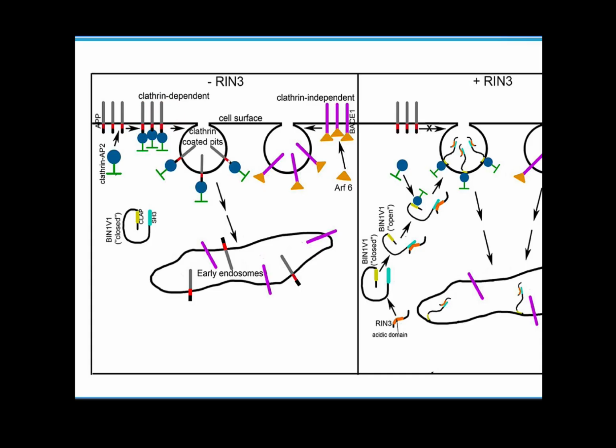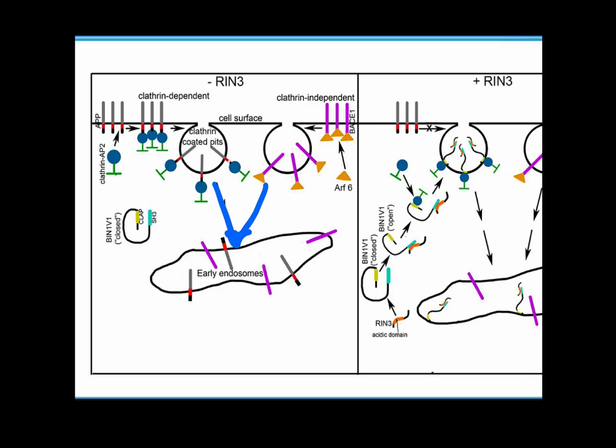And they'll come together to form these early combined or fused endosomes that bring together BACE1 and APP. So BACE1 will go to town with APP, and it will start creating sAPP beta, which will then be cleaved into the toxic A beta forms. That's when there is no Rin3, right?